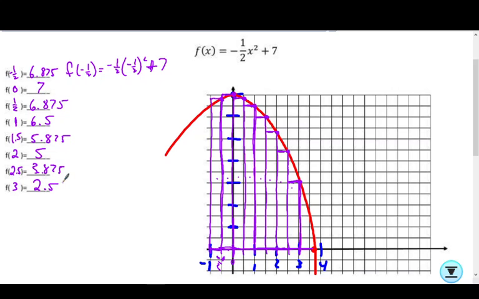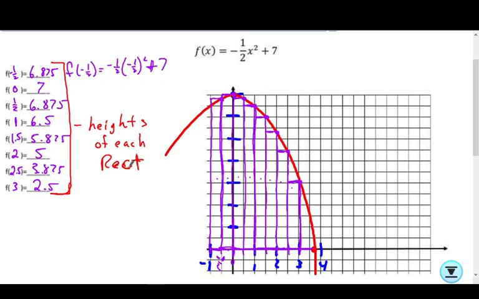Now, all of these numbers right here are nothing more than the heights of each rectangle. These are not areas. These are just the heights, and the heights come from the function itself.